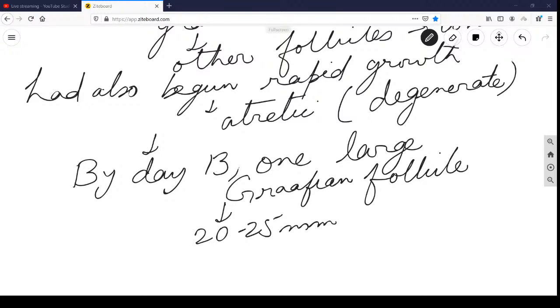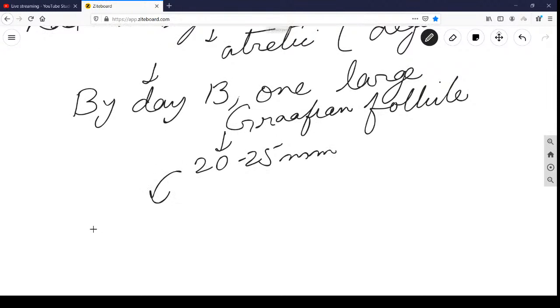In one ovary all the follicles will die, in the other every other follicle will die, even the ones which were able to reach the 14 to 20 landmark will also die, because only one will remain which has crossed that barricade and reached the 20 to 25 diameter.